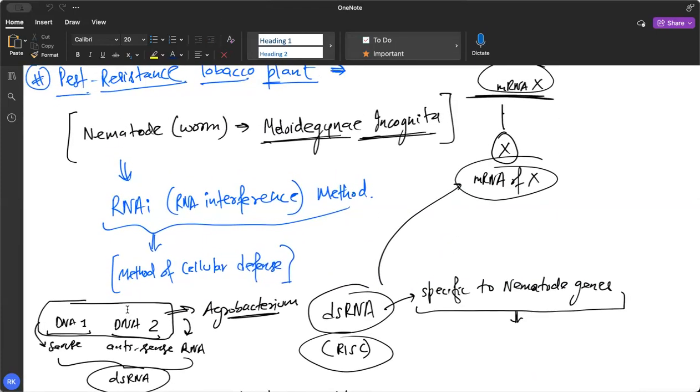So if I silence a gene in the nematode without which it cannot survive, and if the nematodes don't survive, then the infection will also not survive. Does it make sense, Iram?